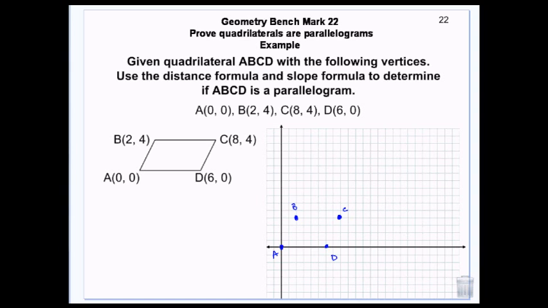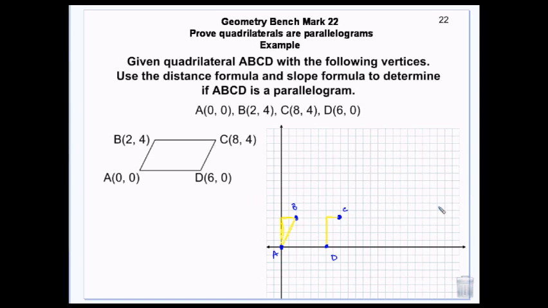Basically, if I look at this as a right triangle, if these 2 legs are the same, I can figure out the distance here by knowing the legs. And if those legs are the same as these legs, then these 2 distances would be the same, right? Also, we'd have rise over run, which tells me slope.